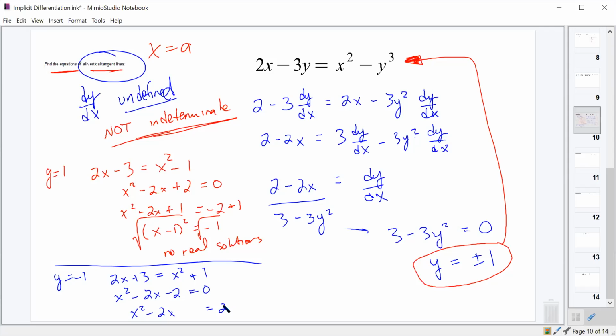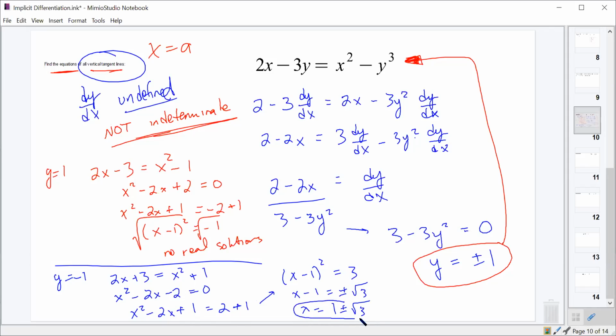And we can complete the square by adding a 1 in here. And when we simplify this, we get x minus 1 squared equals 3. X minus 1 equals plus or minus root 3. And x equals 1 plus or minus root 3.